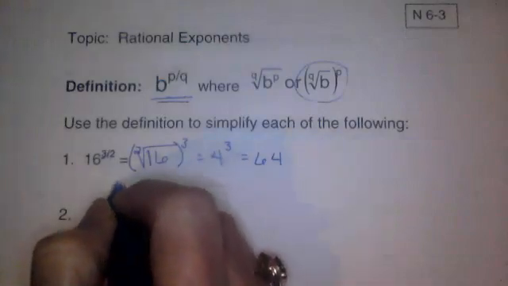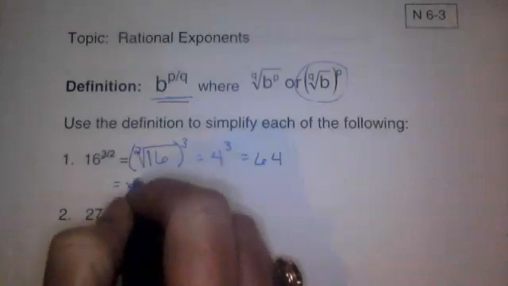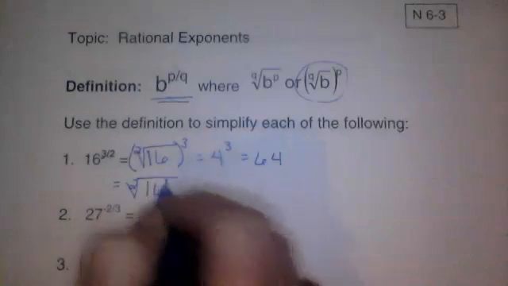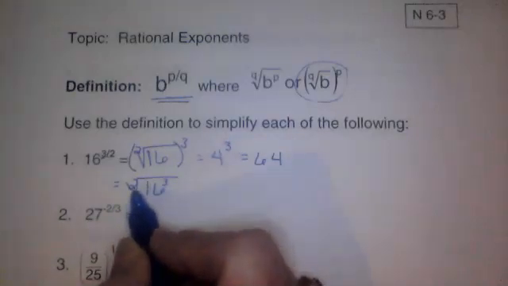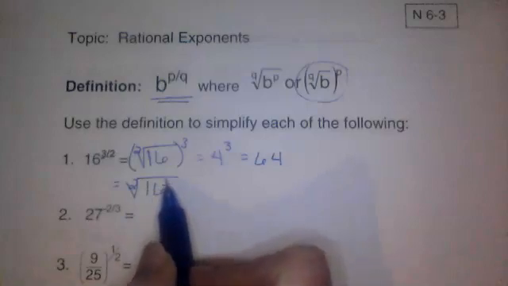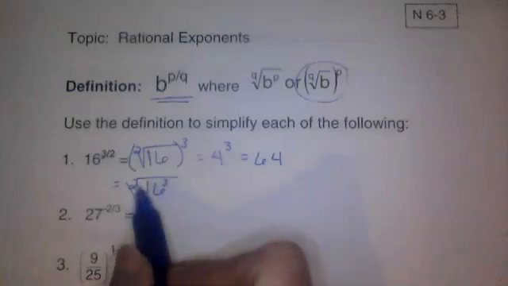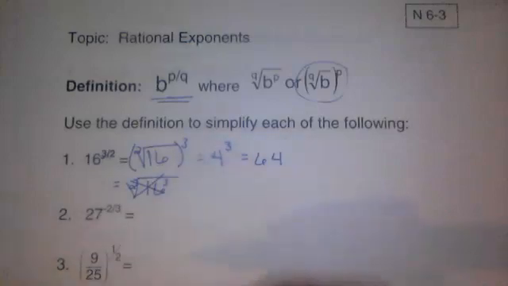If I had written it the other way, so it was the square root of 16 cubed, I would have to raise 16 to the third power and then figure out the square root of that. Now, while that is the same value, 16 times 16 times 16 is a very large number, and I probably would not know the square root of it right off the top of my head. So that's why this one is probably not our preferred form.